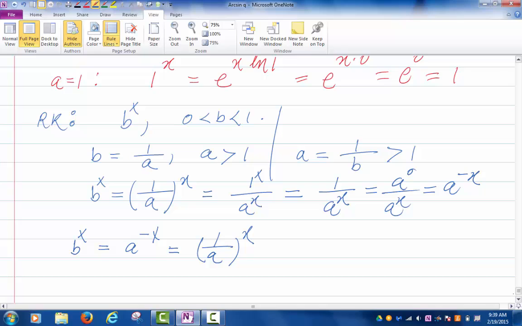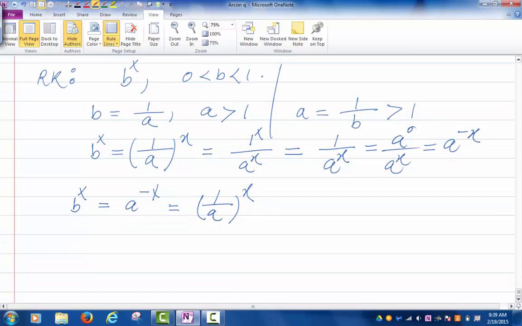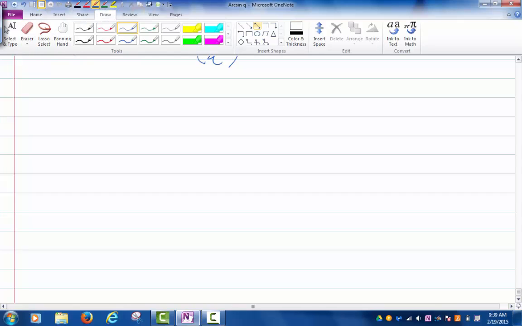So a is bigger than 1, b is less than 1. Okay, let me then go ahead and draw the graphs. First of all, I'm going to draw the case where the base a is bigger than 1.